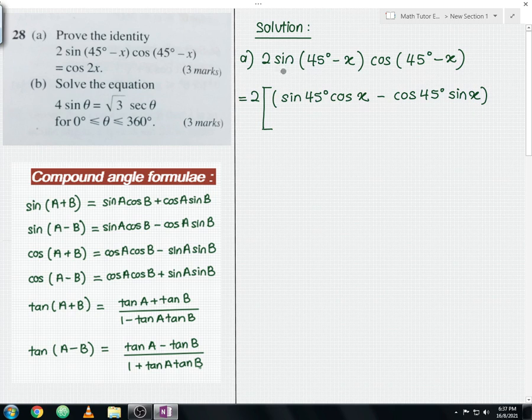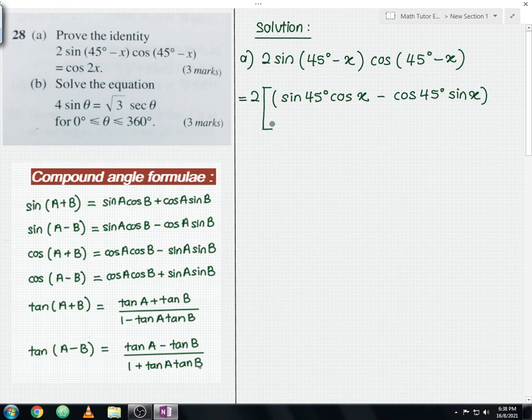So the first compound angle we have already expanded. Let us proceed to the second compound angle, which in this case is cos(45° − x). When you expand this, you should get, let me continue over here, guys, since it's a multiplication and it is too long.